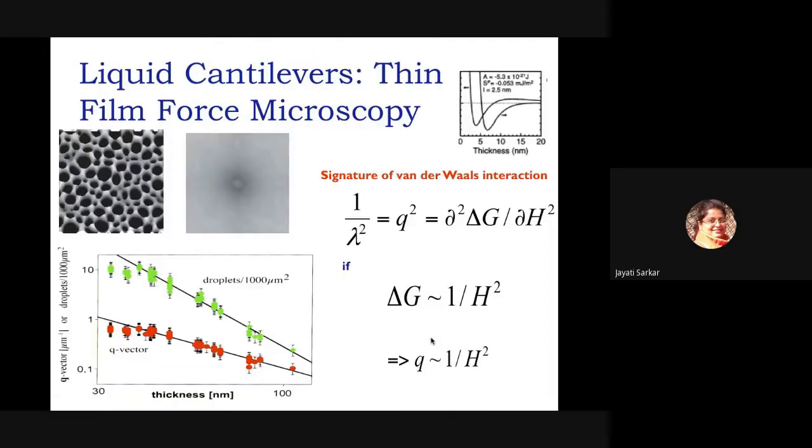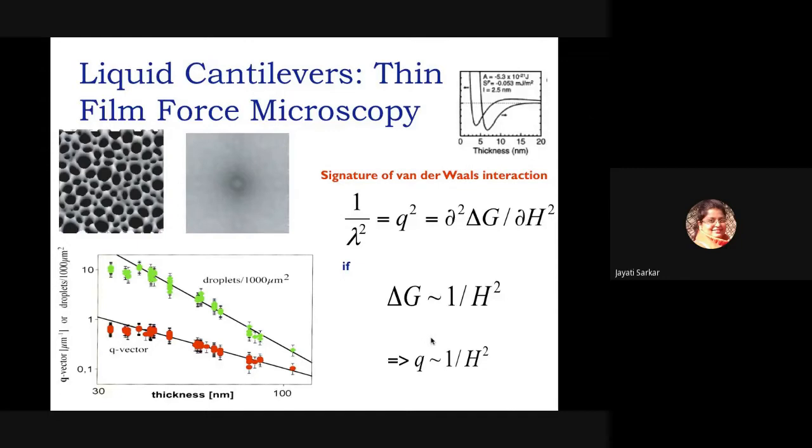You can ask me what help this does, right? By this dewetting, as I've shown, these patterns can be put to different uses. As patterned substrates, the physical nature of the surface can change. These can be used for thin film force microscopy, because it's very difficult to understand what type of force field is present in a fluid film, and there are not very many measures.